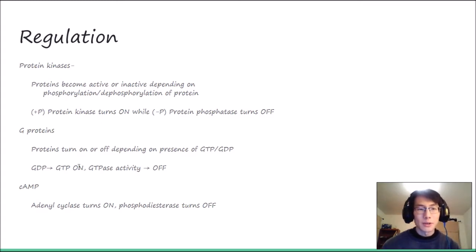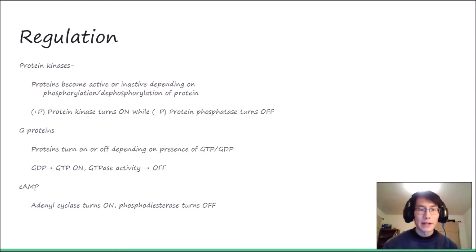Similarly, in terms of G proteins, G proteins can be turned on or off depending on the binding of either GTP or GDP. Usually the binding of GDP ends with the protein being shut off. The binding of GTP to the G protein will cause the protein to be turned on. Again, there's probably some exception to the rule, but generally speaking, GTP binding to G proteins causes activation of the G proteins.